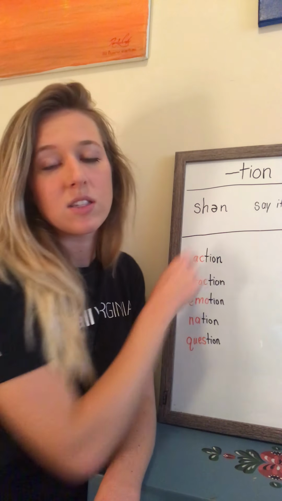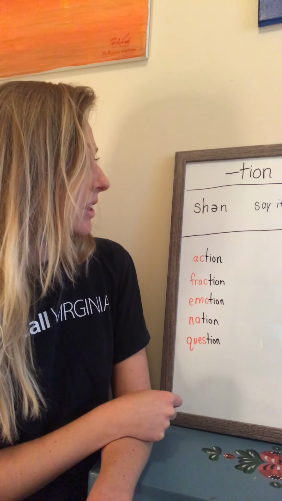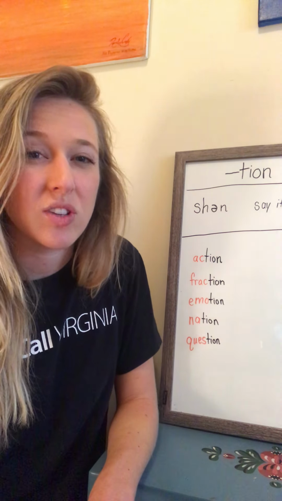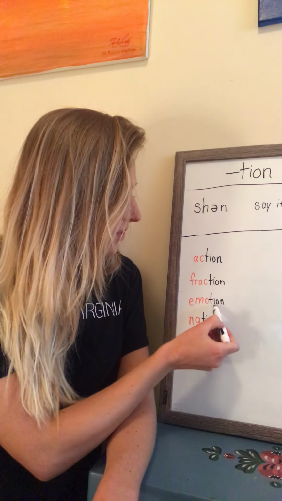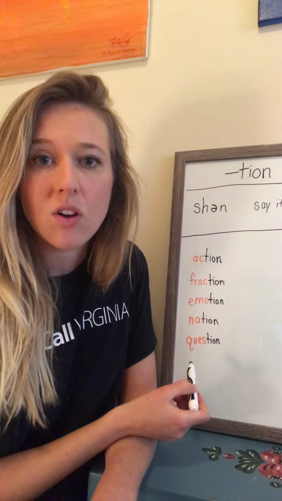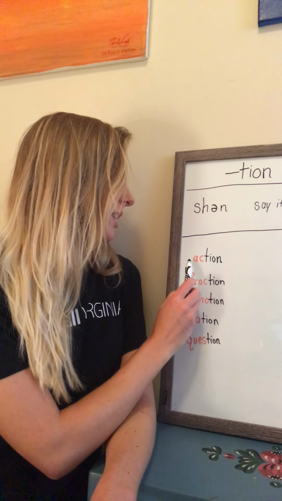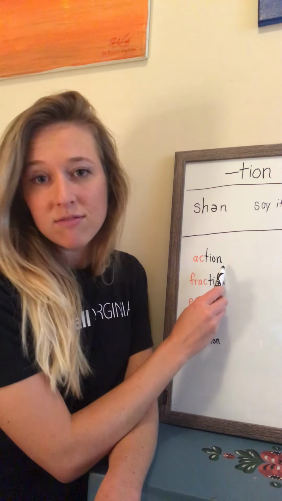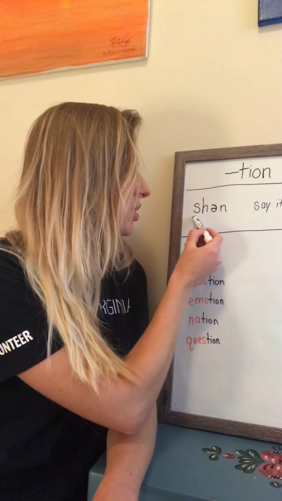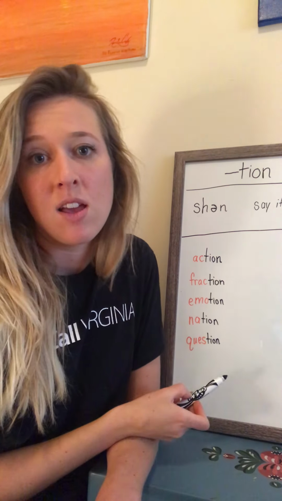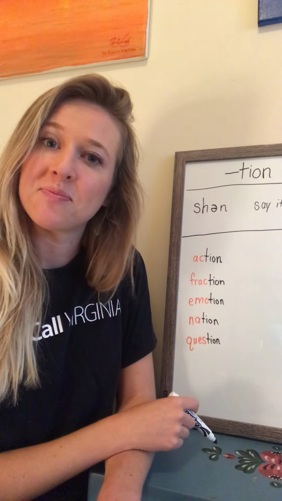The shun sound. Now that seems a little bit strange, but the reason you're learning this is so that you can recognize that words that end in each of these spellings all say the same sound. And you don't want to pronounce it like this: action. And that's not how you pronounce that word. It's a special sound for those letters that make their own sound.